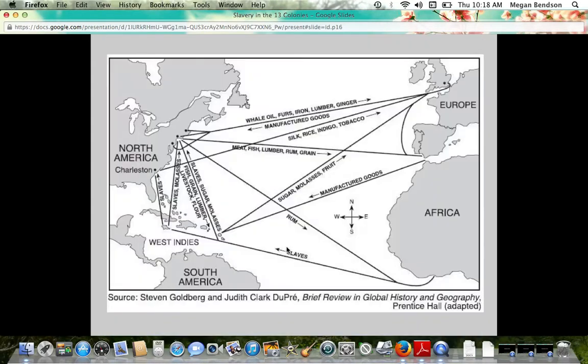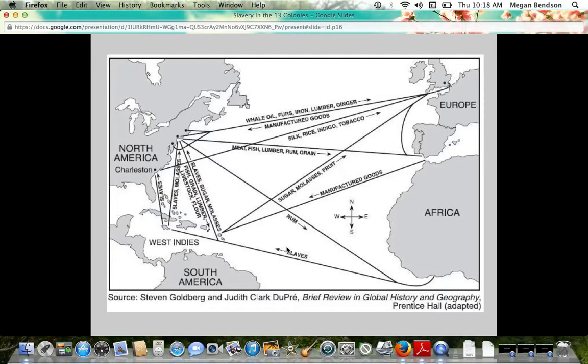The triangular trade refers to the image that you can see here, and that was the trade from North America to Europe and to Africa, back over to South America, to the Caribbean, to North America. And so you can see the different triangles of what was being traded.